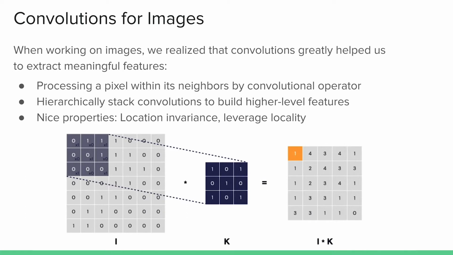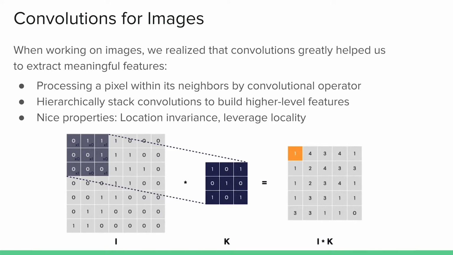In our case, a convolutional operator, which is, as you can see here, a grid, like a 3x3 kernel, that we slide over our image to obtain the values for the next layer. Once we had done this once, we performed it again and again, and with each layer we extracted higher-level features that were more meaningful to solving our problem.